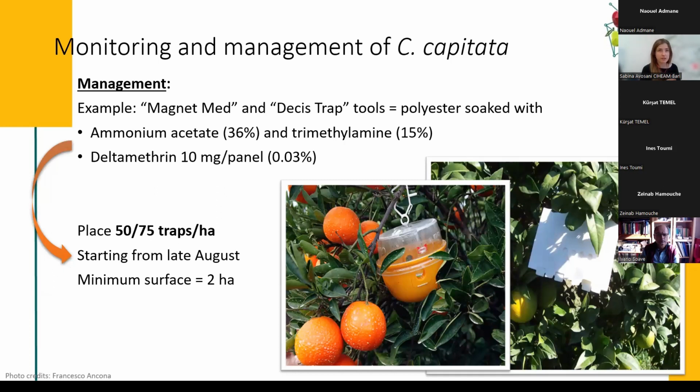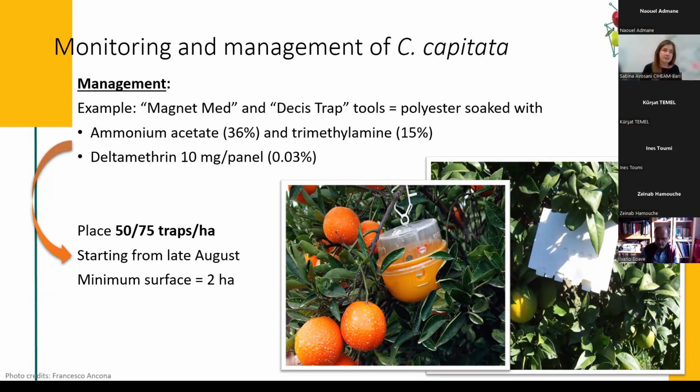Here's some example of commercial traps, which are made of different components, as you can see in the slide, but the sense is the same: attract and kill. You need to place 50 to 70 traps per hectare, because the extension of the active space of the traps is limited.